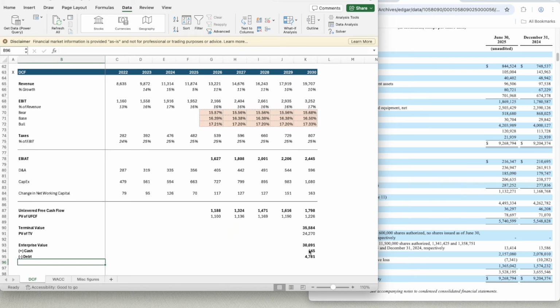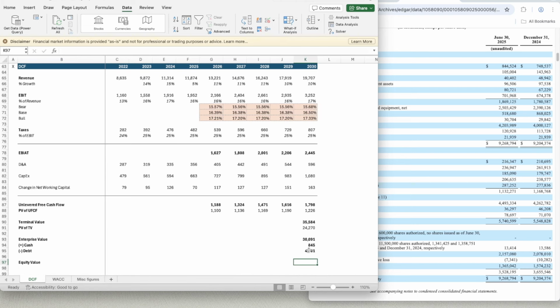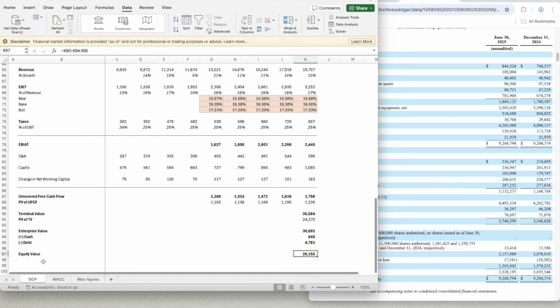So now we can get the equity value. And that is the enterprise value plus the cash minus the debt gives us the equity value.